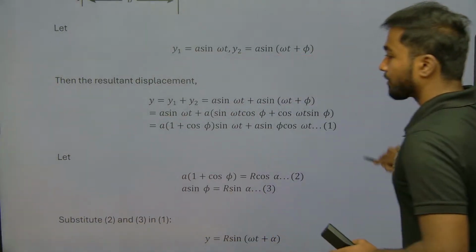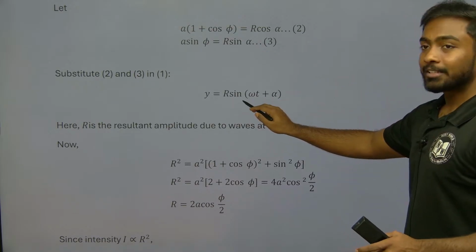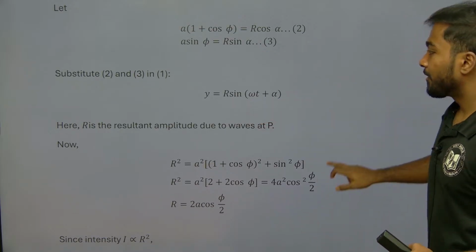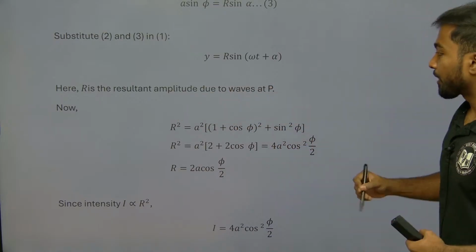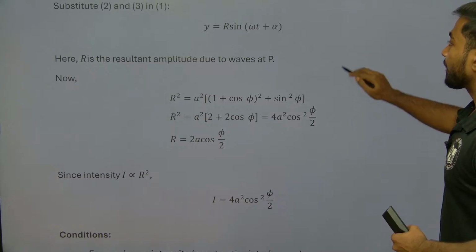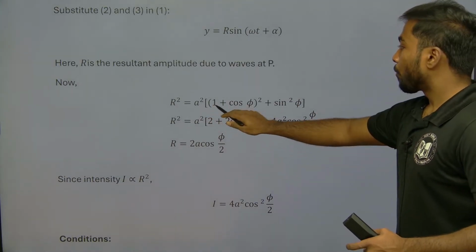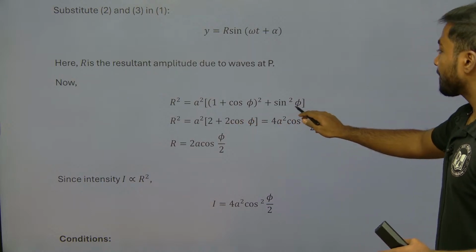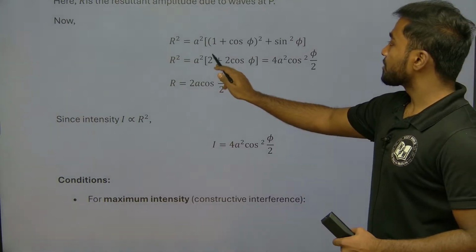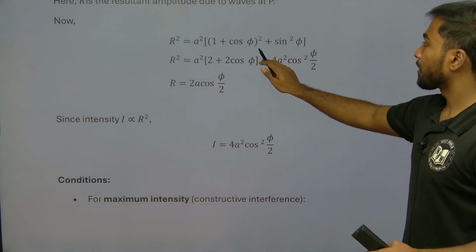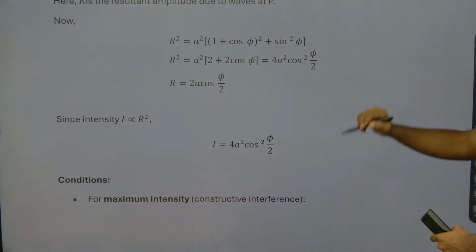Y equals r sin of omega t plus alpha, where r is the resultant amplitude due to the waves at P. Now if we square, r square will be equal to a square of 1 plus cos phi whole square plus sin square phi. So this is 1 plus cos phi the whole square. If we expand that, let me write here.